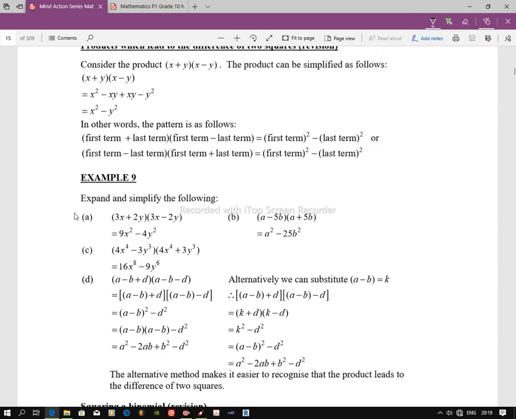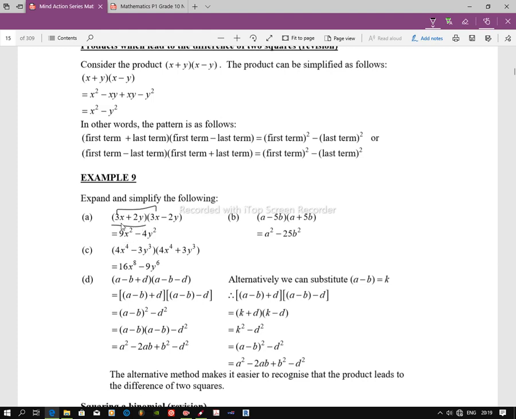So it was expand and simplify. Basically, it's the same thing that we were doing there. What they did was 3 multiplied by 3, and then it is 9x squared.